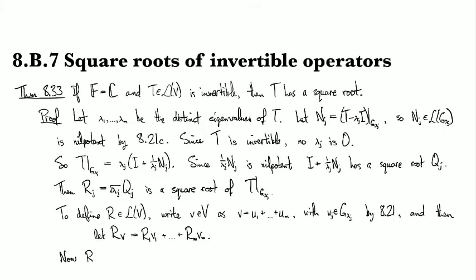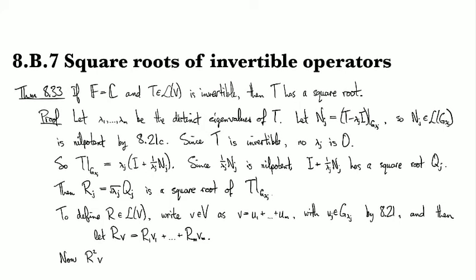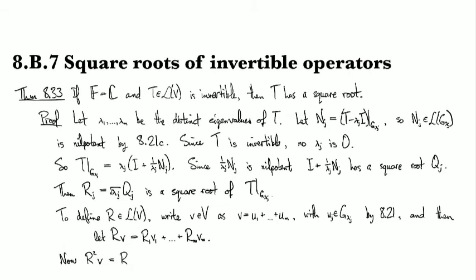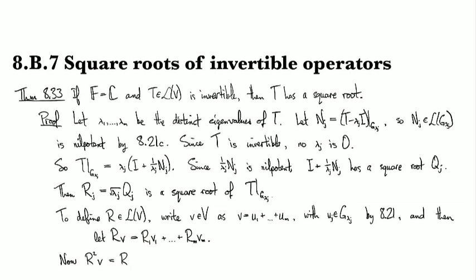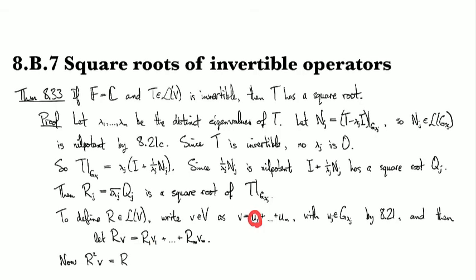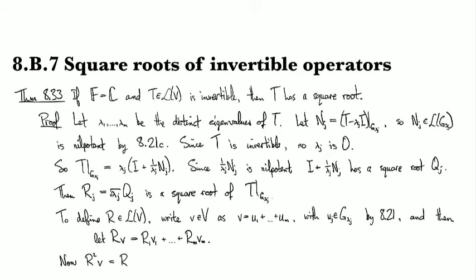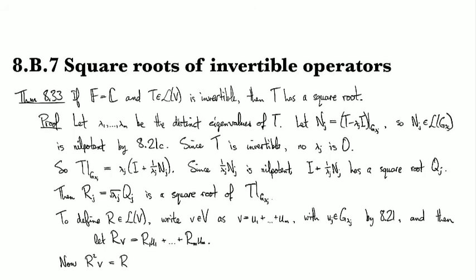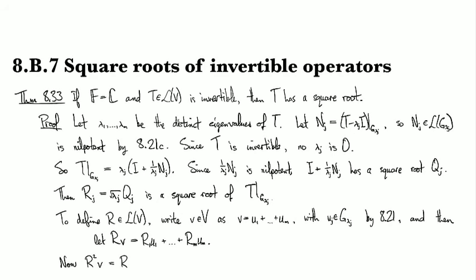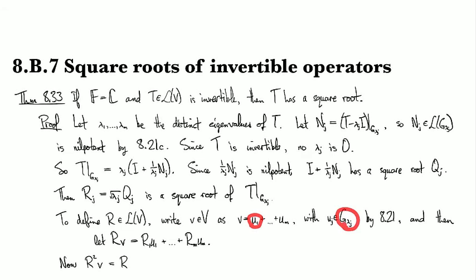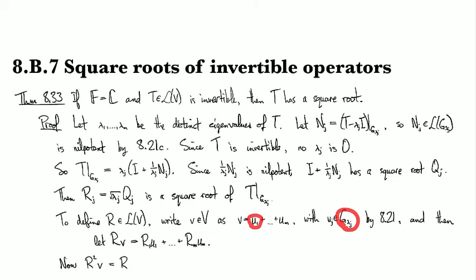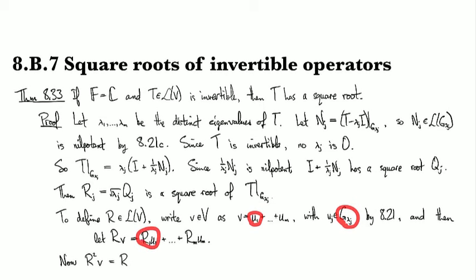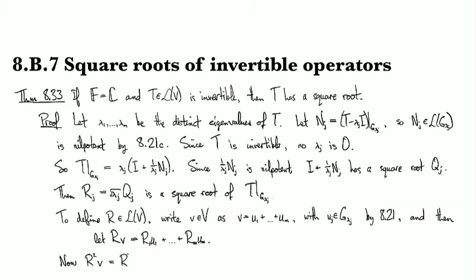And then it just remains to check that R squared is equal to T. So if I apply R squared to a generic vector, then it's going to look like, since each one of these lives in, oh, I just realized I switched from U's to V's. Oops, hold on. Let me fix that. Okay, so U, there we go. Okay. So since U lives in G(lambda_j), and G(lambda_j) is invariant, then this is going to be back in G(lambda_j), and so I can apply it again the same way.